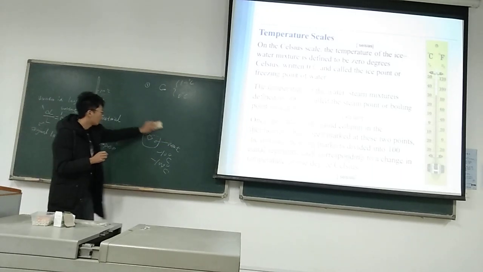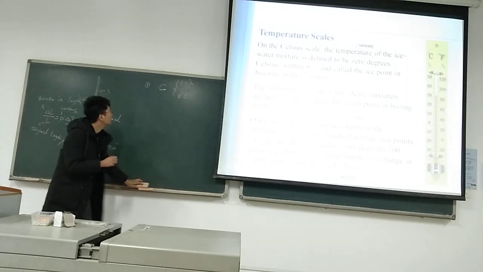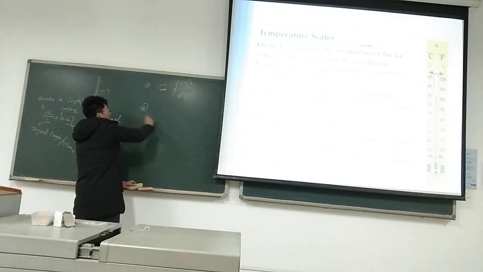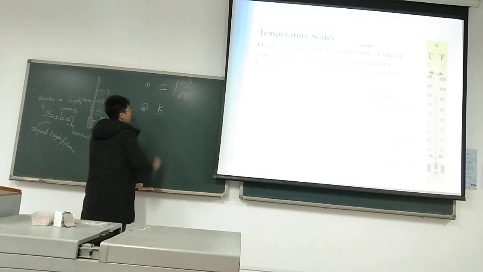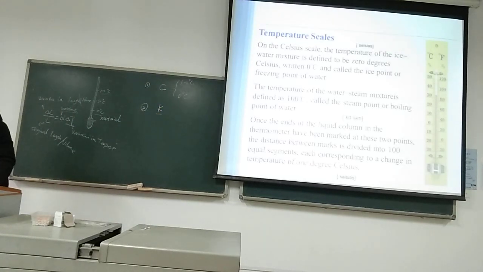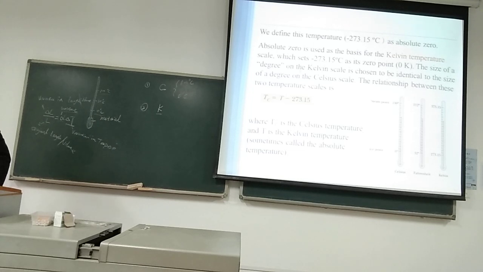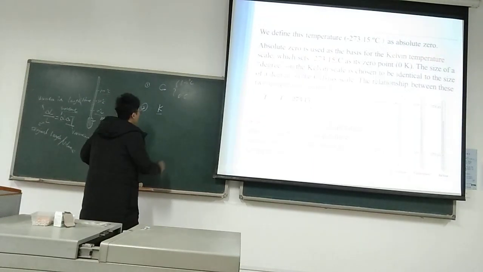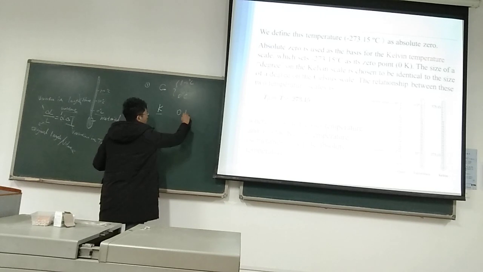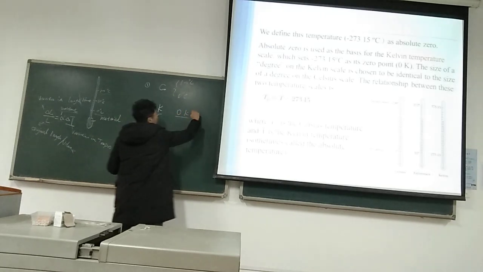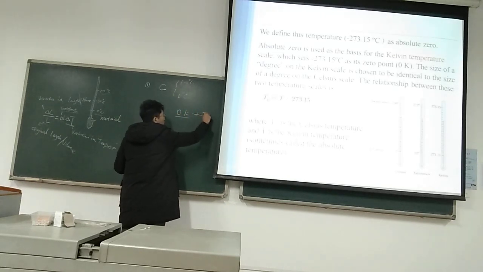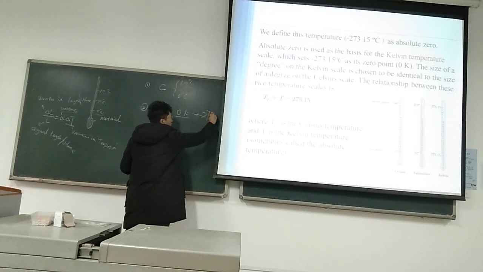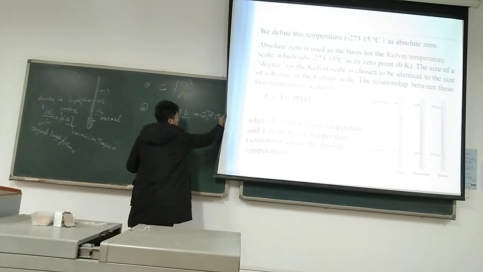So we are going to have a new definition. Second one. We define the real 0 of the heat of a material as 0 K, which equals minus 273.15 centigrade.